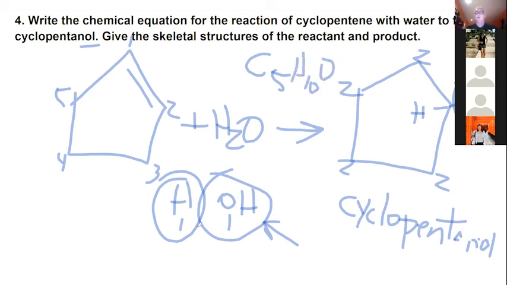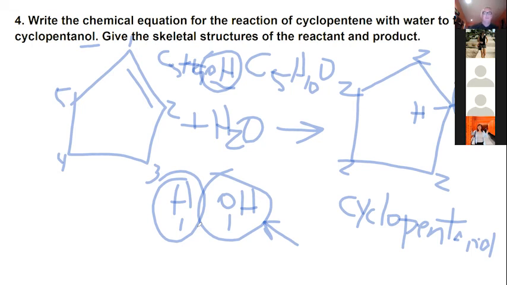H10O. It's also written sometimes C5H9OH, because we chemists like to put the functional group at the end. So sometimes we'll do it like that just to let you know it's an alcohol. So either way is fine.